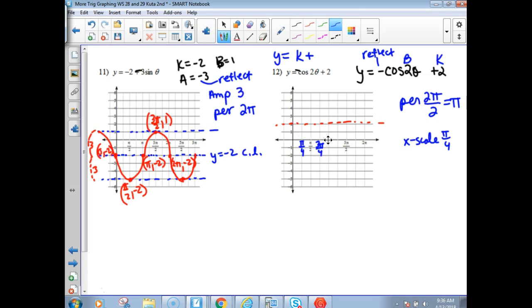So we're going to get one wave within this range from 0 to pi, because that's the period. Your amplitude is just 1, it's always the absolute value of A. So you're just going to be 1 above, 1 below, between here and here.